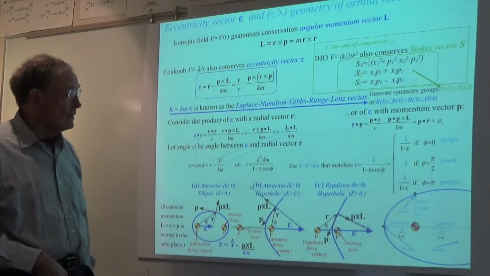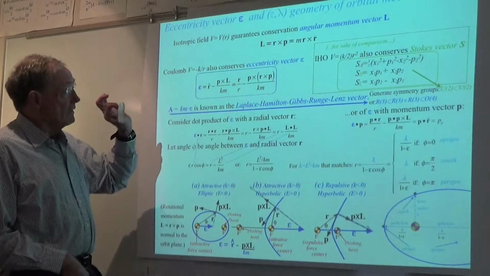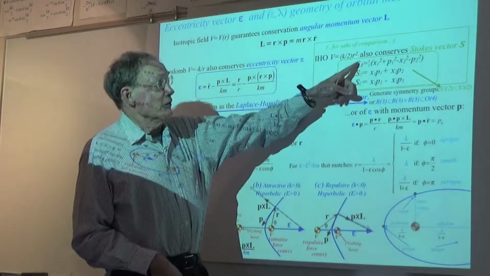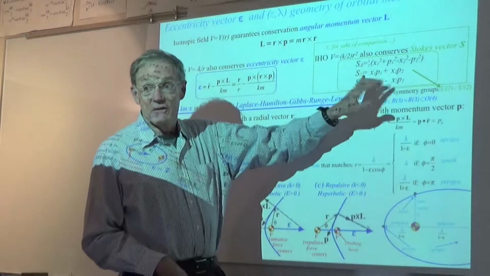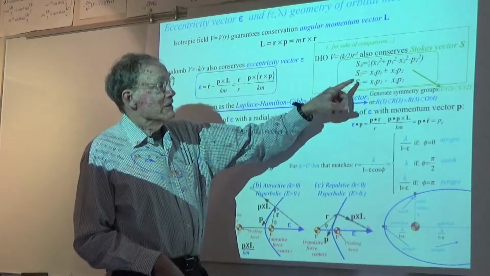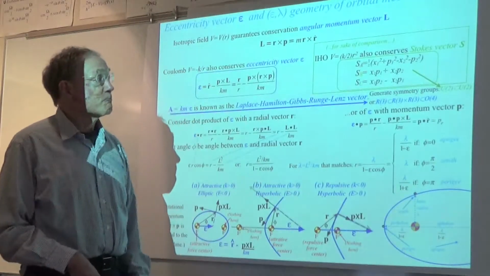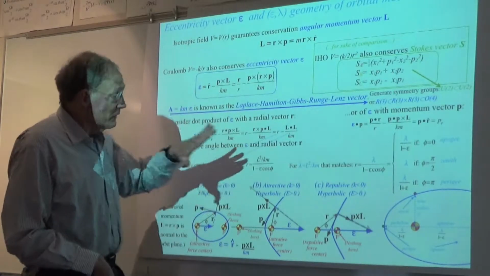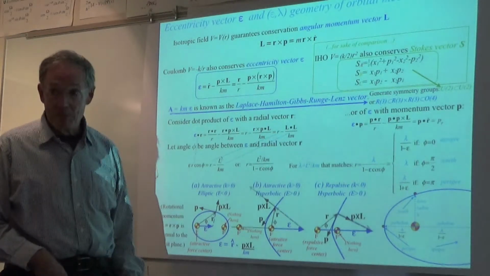So the real idea is that this epsilon is analogous for the Coulomb to the Stokes spin vector for the harmonic oscillator in 2 dimensions. So it's a very convenient descriptor of the classical state of, in this case, the 2-dimensional oscillator, in this case, a 2-dimensional orbit on the plane of a 3-dimensional Coulomb potential field.